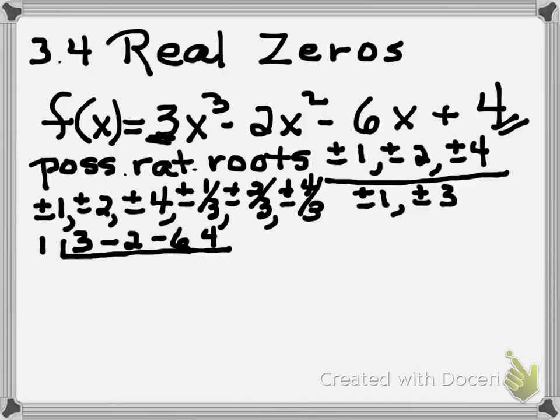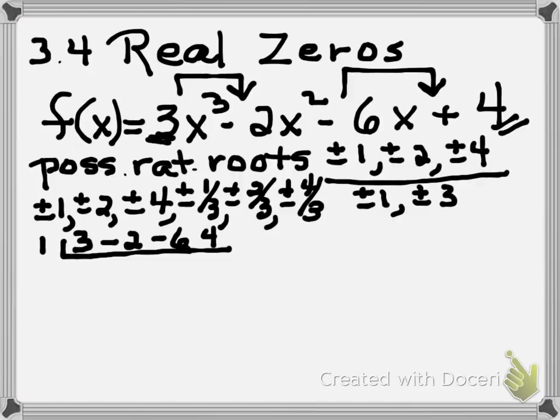Now, I also check the variations in the changes in the signs of the polynomial. This went from positive to negative. That's one change. Negative to negative did not change. Negative to positive changed.